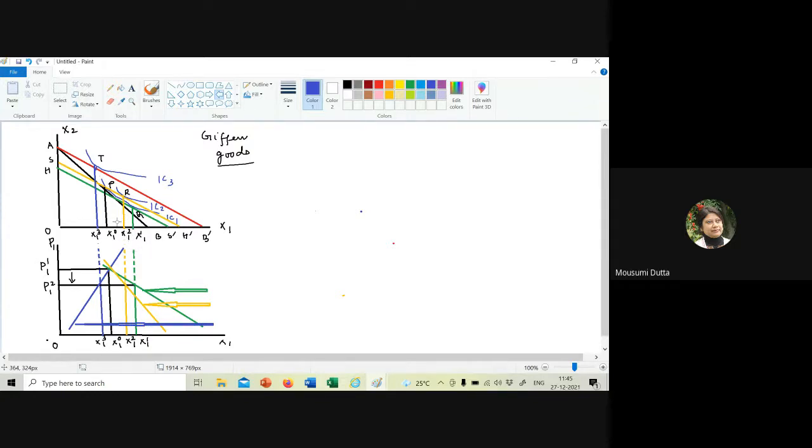Okay, let me mark the income effect, etc. This is the income effect of Hicks, whereas this is, sorry, this is the substitution effect.